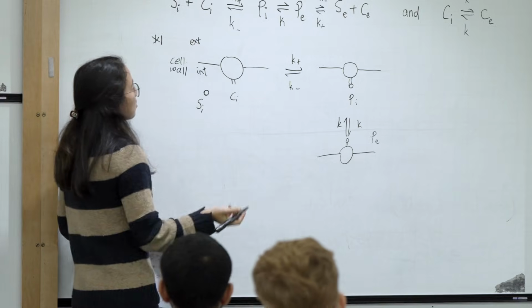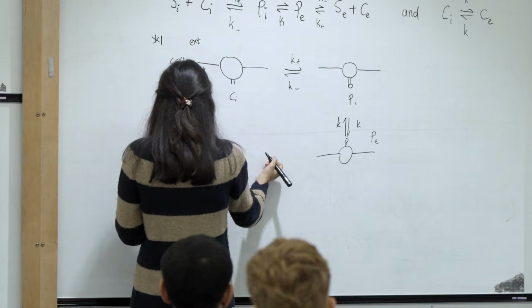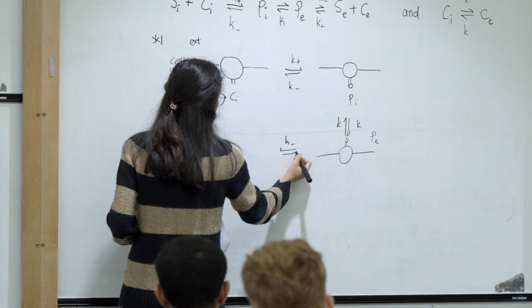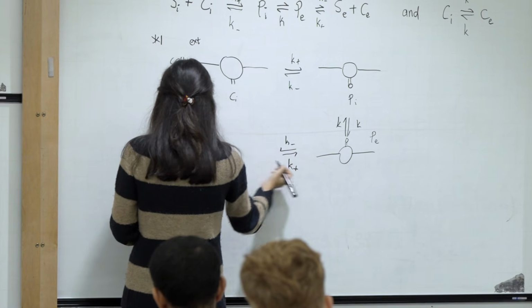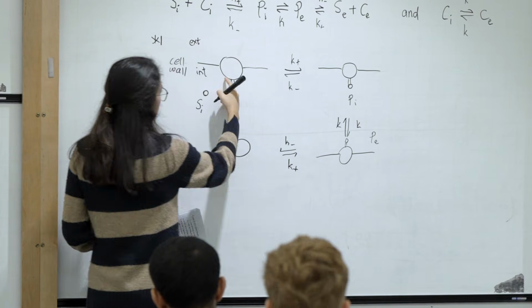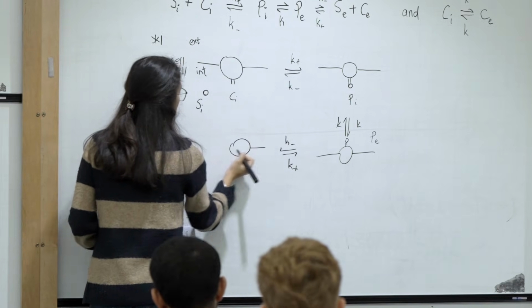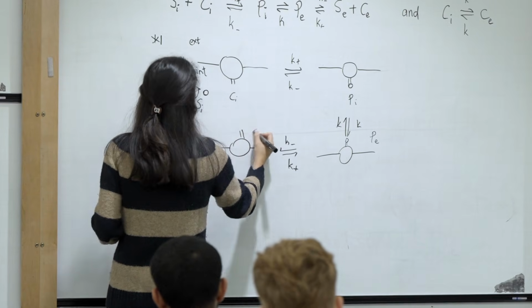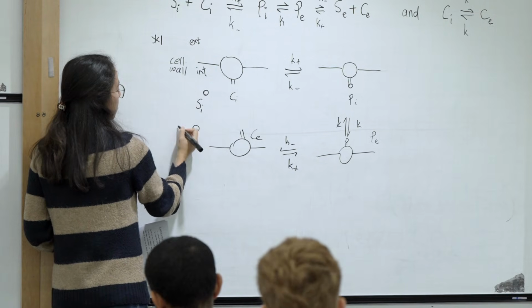Okay, but what happens also? The P can also be converted to that. So I have that this happens with a rate of K minus. This is a reversible reaction with K plus. And it gives me the same picture, but the mirror image of that. So it's going to be instead now CE, but without the substrate on it, right? So it's gonna be SE here.